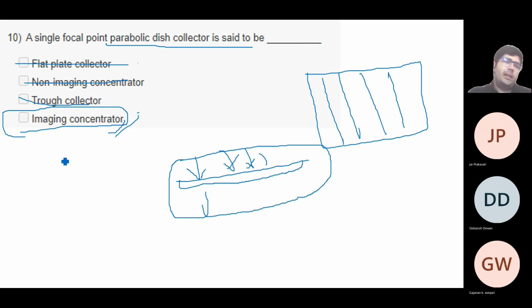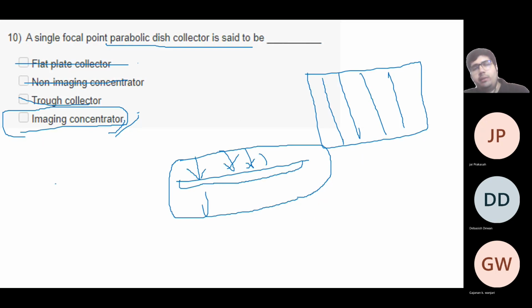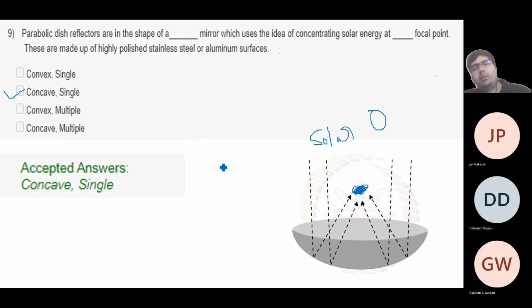Basically it creates a virtual image. Like in the previous slide, you can see that this is the sun. This is reflecting the rays to this particular area, and they all reflect at this point. So this will create an image of the sun at this particular focal point. That's why it is called an imaging concentrator. The temperature at this point will be very high, like the temperature of the sun.